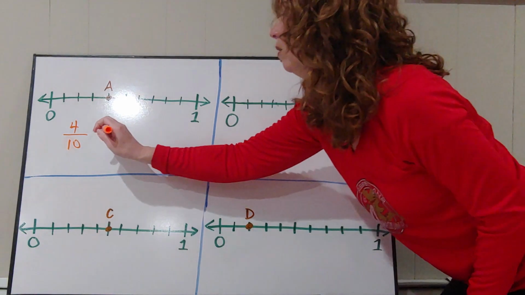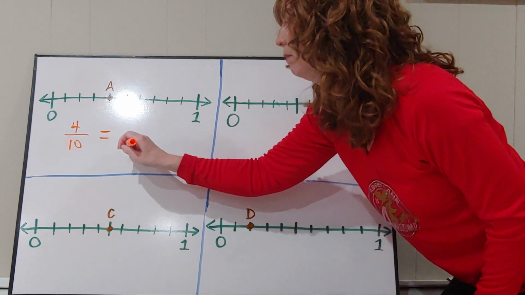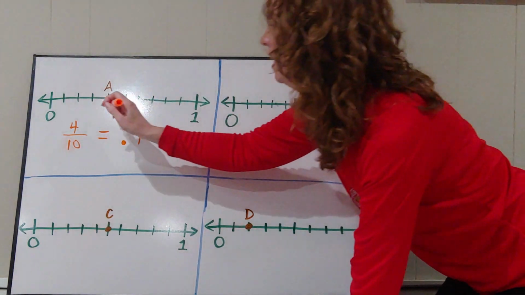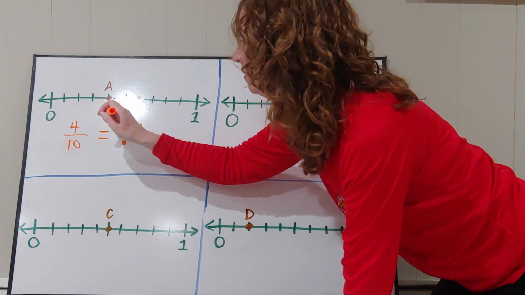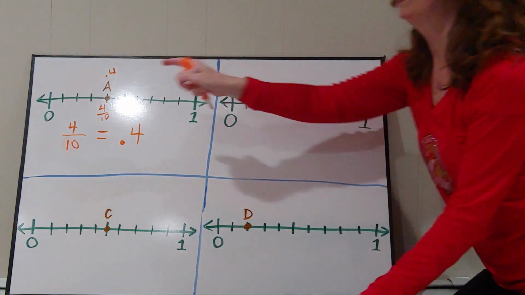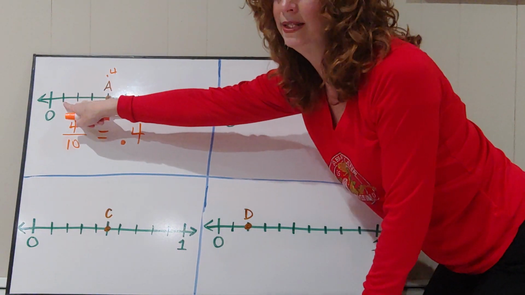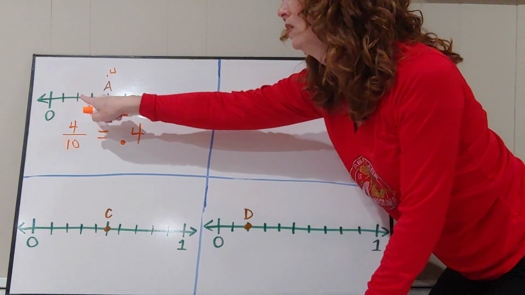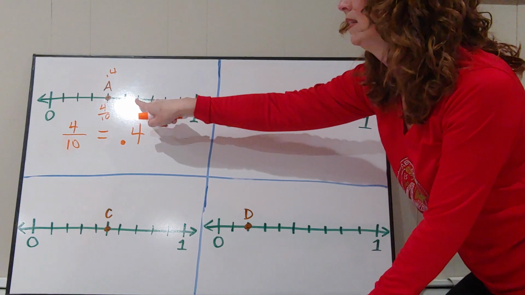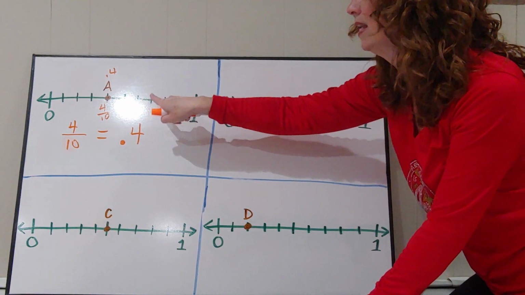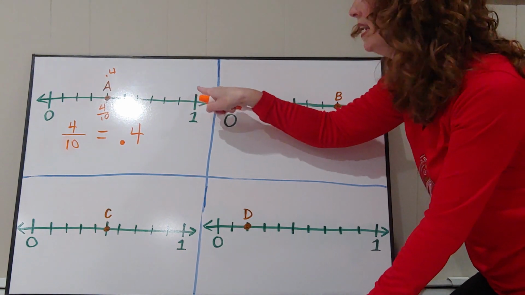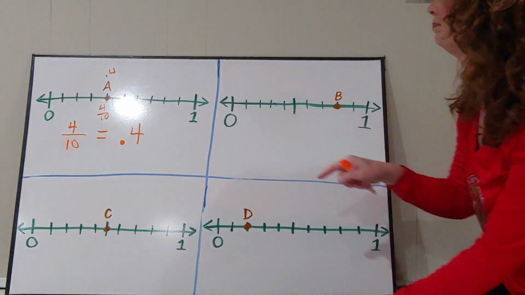So we say this equals decimal point 4. So this A equals 4 tenths or decimal 4. So that means this line would equal 1 tenth, 2 tenths, 3 tenths, 4 tenths, 5 tenths, 6 tenths, 7 tenths, 8 tenths, 9 tenths, 10 tenths, which equals 1 whole.